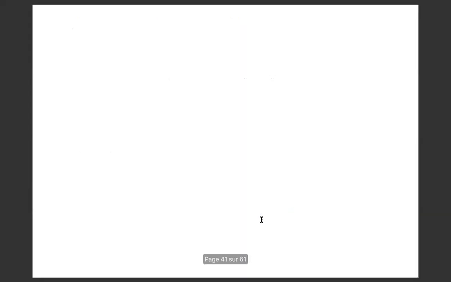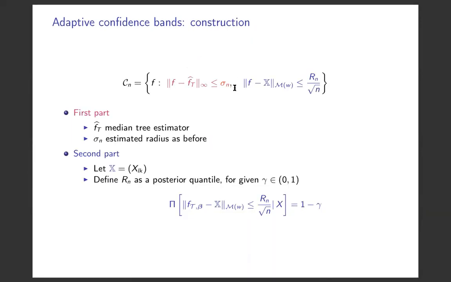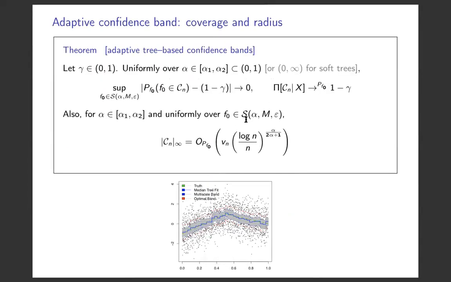That implies that the Cn set, this intersection set, unlike only the first part which has coverage going to 1, has coverage going to a given fixed 1 minus gamma. So it's a bit less conservative, and it corresponds to the gray area in the earlier picture.